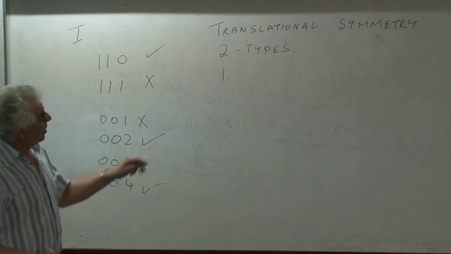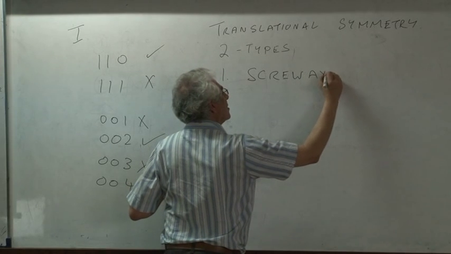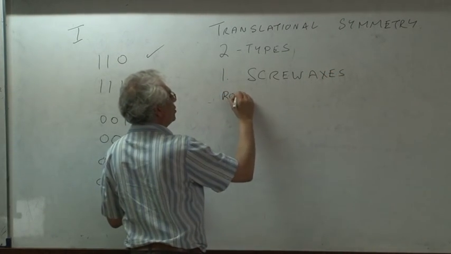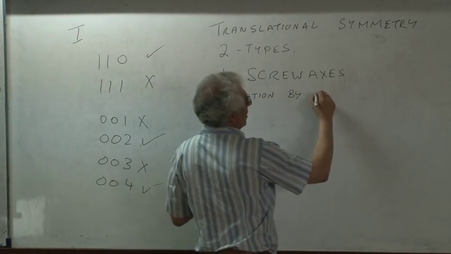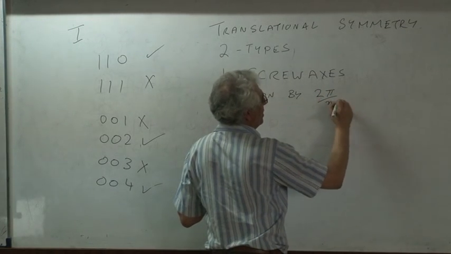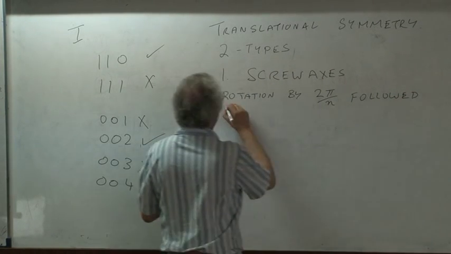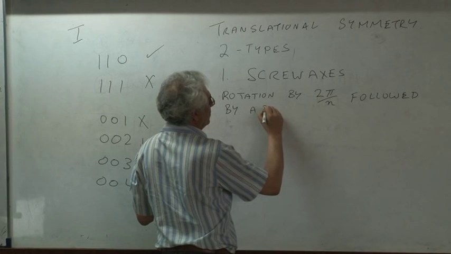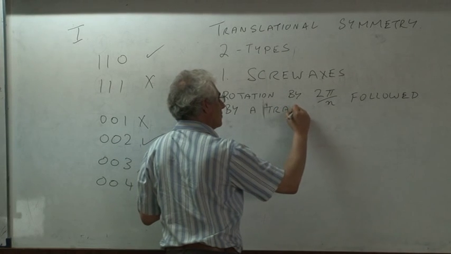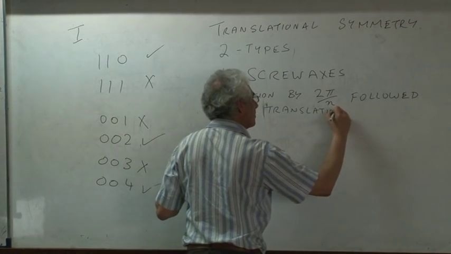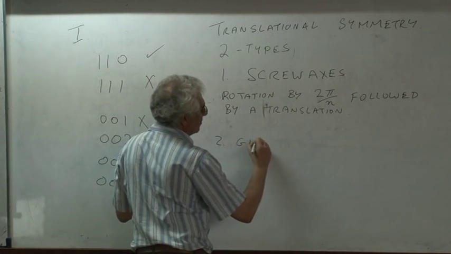One is called screw axes, and those are a rotation by 2 pi over n, followed by a translation. So that's the first type, and the second type are glide planes.